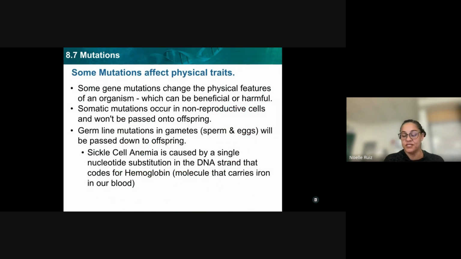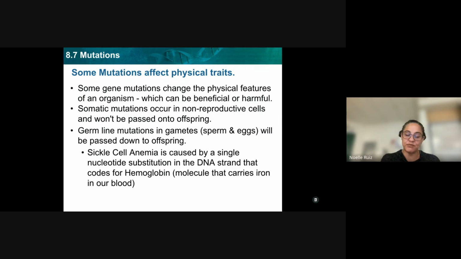Some mutations affect physical traits. And sometimes they can be beneficial. Sometimes they can be harmful. Somatic mutations occur in non-reproductive cells, and these do not get passed to offspring.